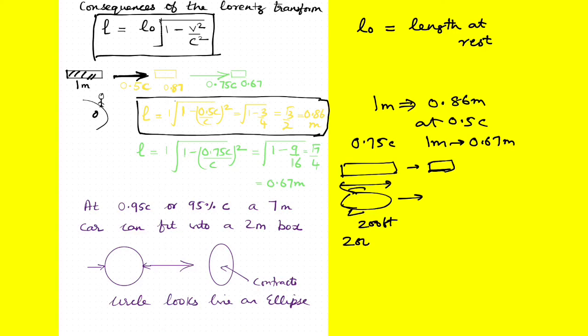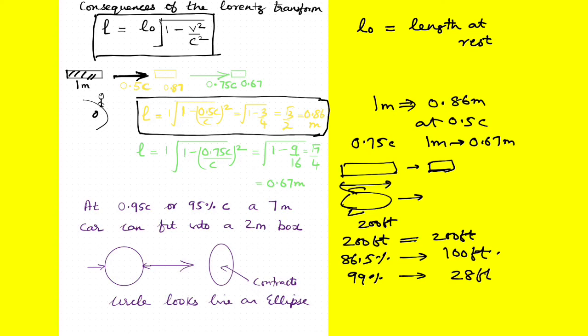A 200 feet spacecraft at rest would be 200 feet, but at 86.5% the speed of light, it would turn out to be just 100 feet, half its size. And at 99% of the speed of light, it would be around 28 feet.